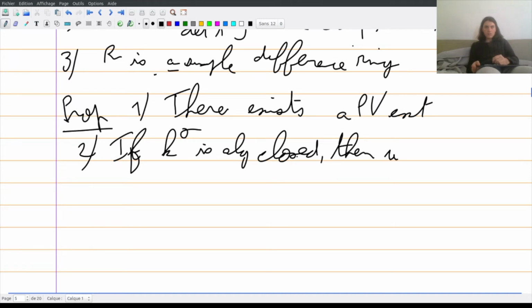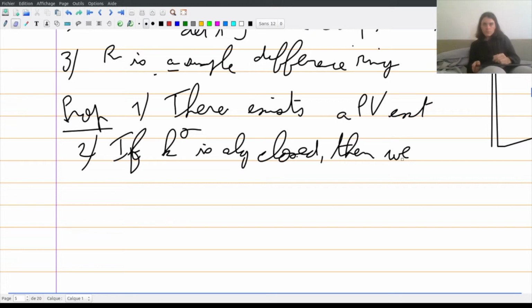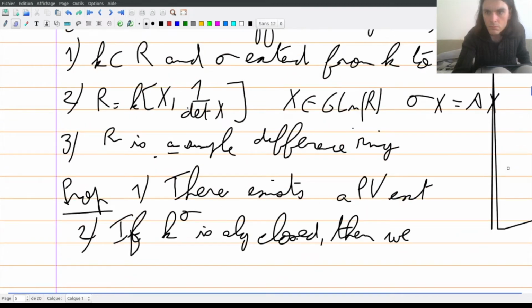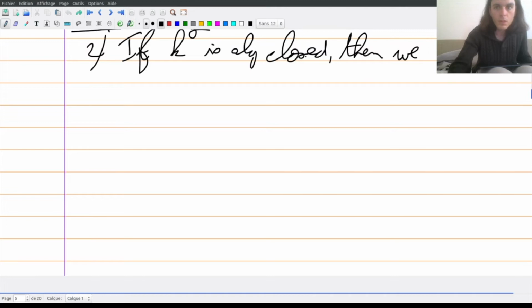Then we have uniqueness. So if K is algebraically closed, we have uniqueness.